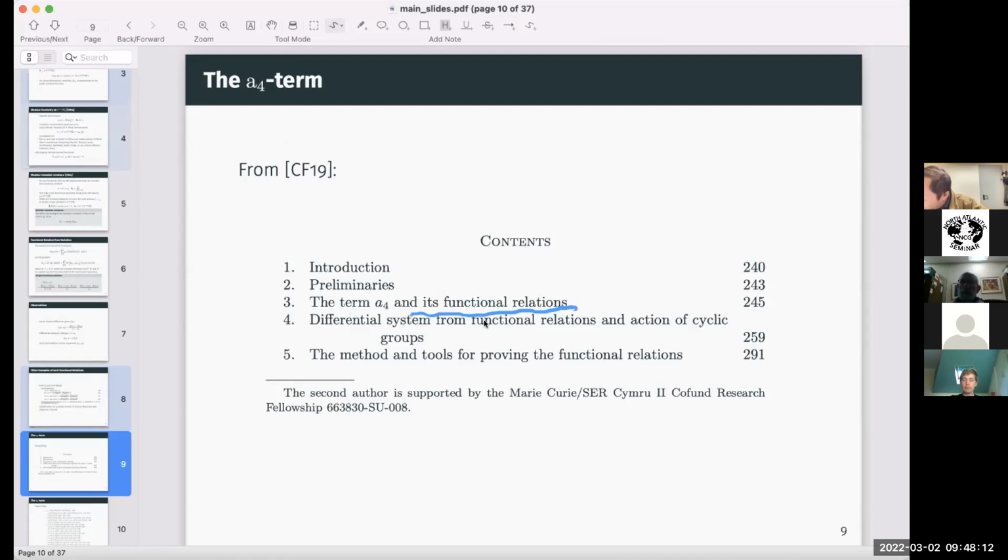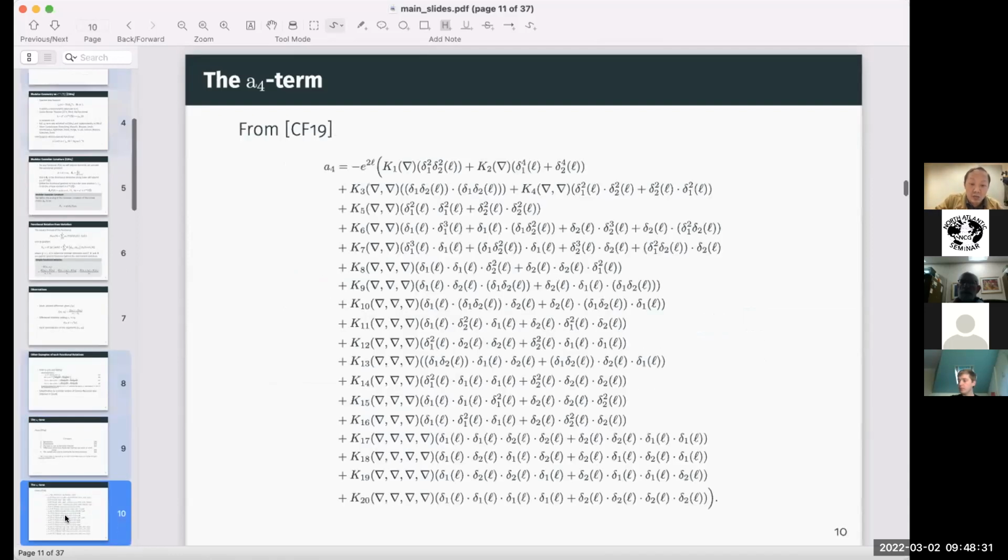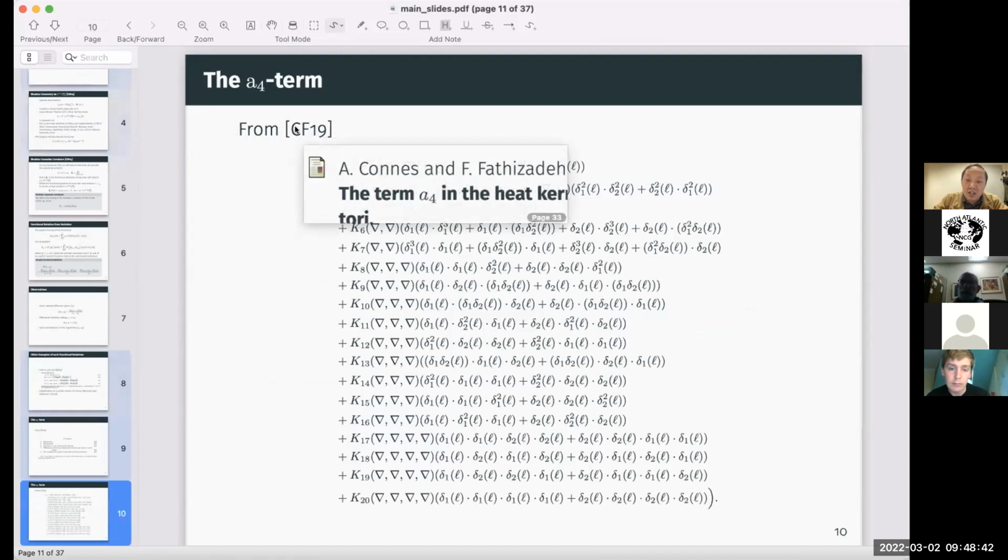And also there is an action of the cyclic groups, as I mentioned two slides ago, about this observation. The next slide is going to be the full A4 term obtained in the computation. Sorry, I forgot to mention it: this is Connes and Fathizadeh.